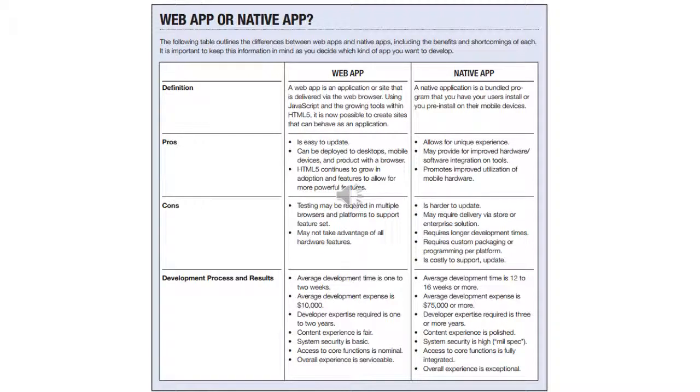So what is a web app and a native app? A web app is basically an application that sits on a server and is accessed by a web browser using various technologies that make it compatible with the mobile device. It's easy to use. It's basically a web page that can be easily updated.